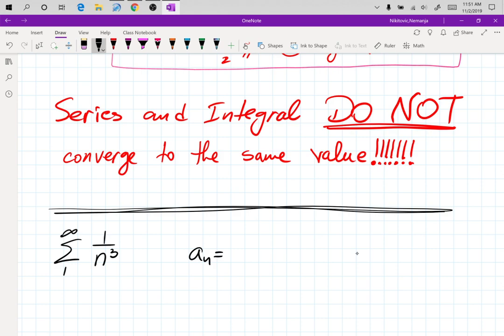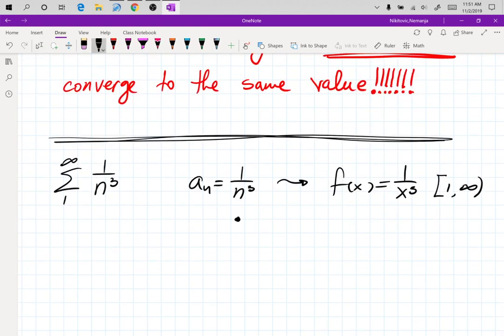a_n equals 1 over n cubed transfers into f of x equals 1 over x cubed on 1 to infinity. Then I'm going to put 3 dots here, like that. Say insert work here.